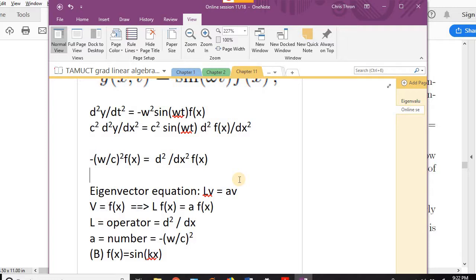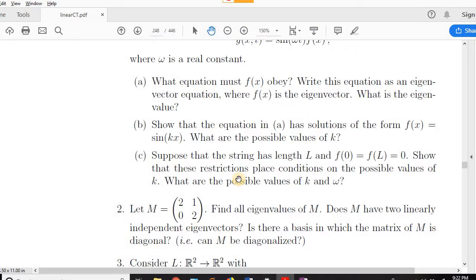So you're reading too much into it. All you need to do is show that sine of kx is a solution. That's what that means. It doesn't mean derive the solution. It just means show it's a solution. It doesn't mean that those are the only solutions either.